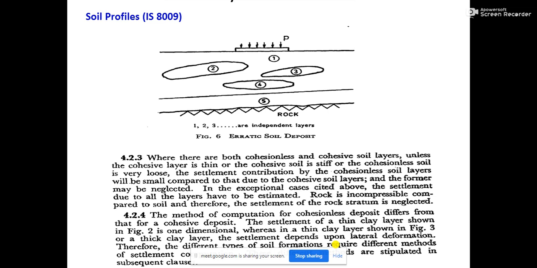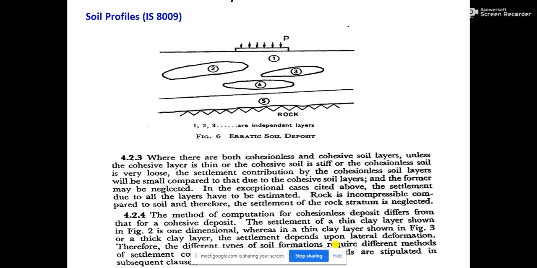In such a case you should consider both: the immediate settlement of the cohesionless soil layer, as well as the primary consolidation settlement of the clay layer. Rock is incompressible, so there will not be any settlement for the rocky stratum, and it should be neglected.